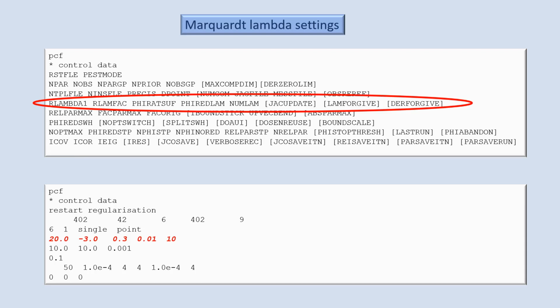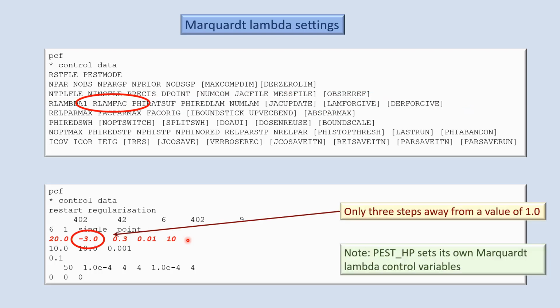The variables which govern how PEST chooses Marquardt lambdas to use are set in the control data section of the PEST control file. This is normally a good set of default variables to use, but the one that I want to draw your attention to is this one here called rlamfac.